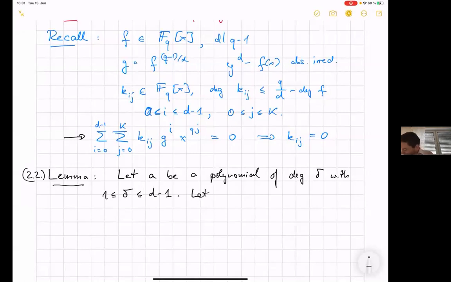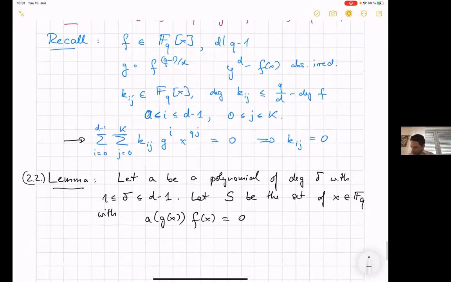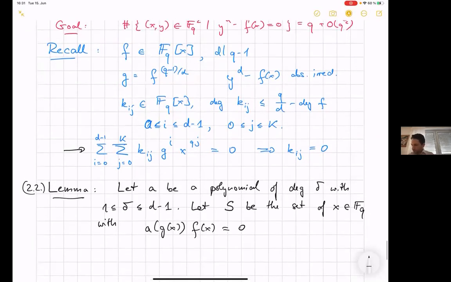I want to count the cardinality of the set S, which is defined as follows. Let S be the set of x in F_q such that A(G(x)) times f(x) equals 0. So it's all the zeros of f and all the zeros of A of f to the power (q minus 1) over d.